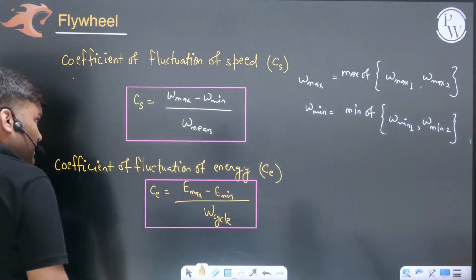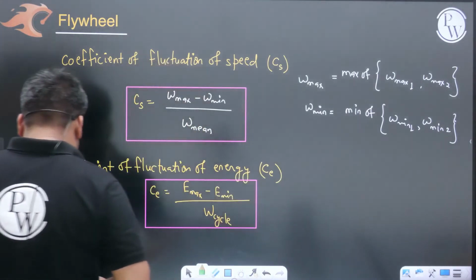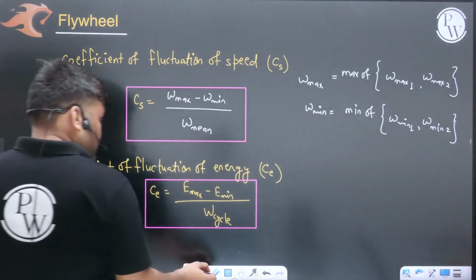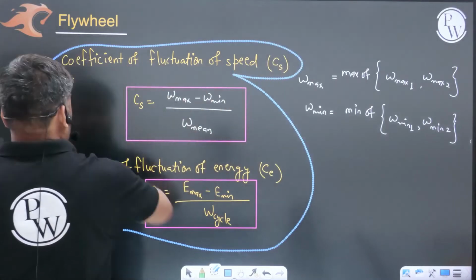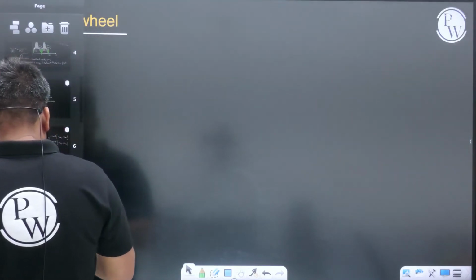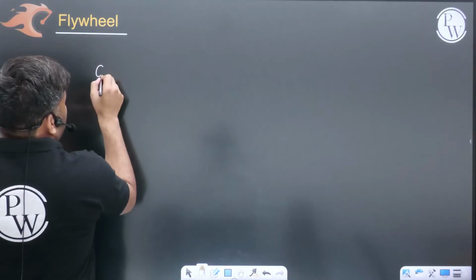In examination, this coefficient of fluctuation of speed will sometimes be given. Let me write coefficient of fluctuation of speed. In examination, sometimes they will give it directly.